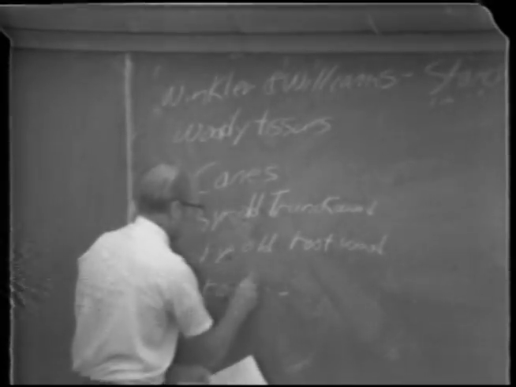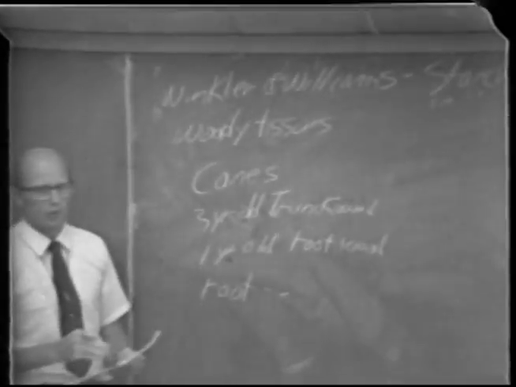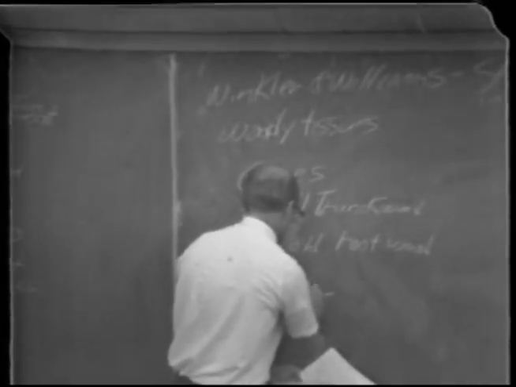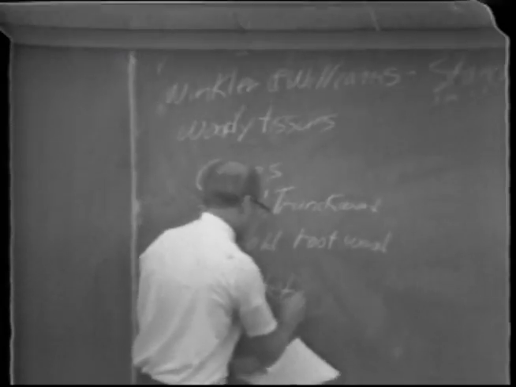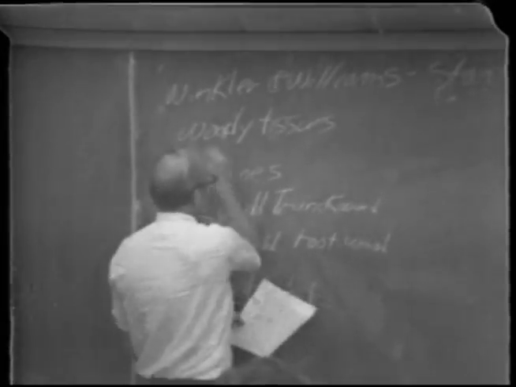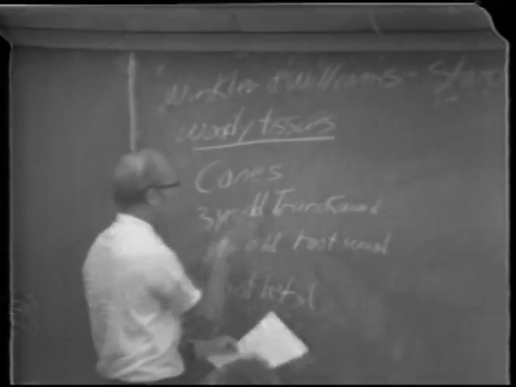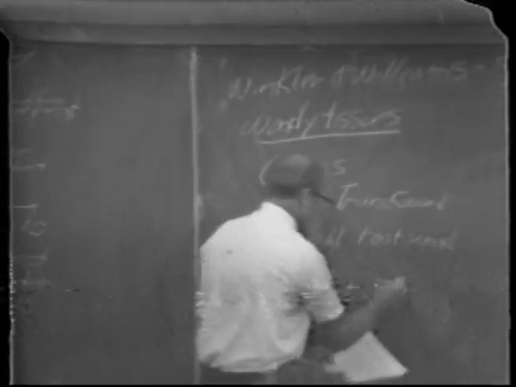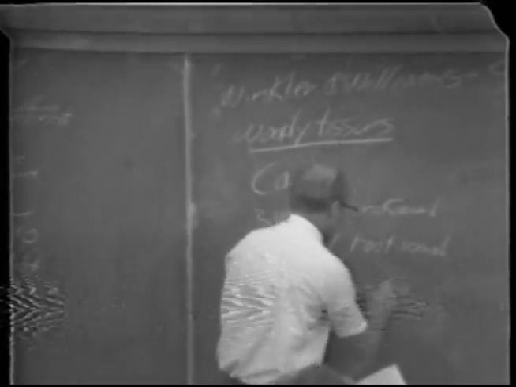Rootlets are very small roots, less than 3/32 of an inch in diameter. These first three are the woody tissues only, which is mainly the xylem, and the rootlets included the wood and the bark.